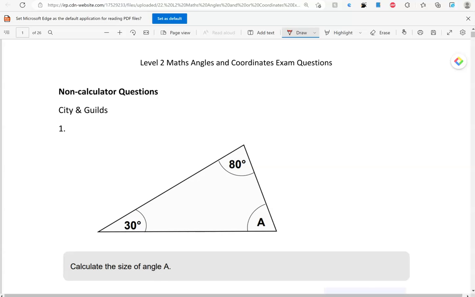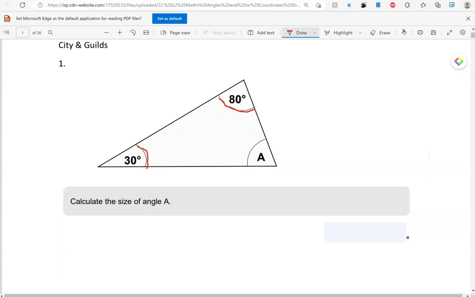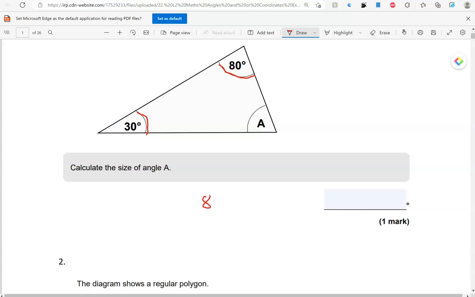Calculate the size of angle A. So angle A is in a triangle. A triangle has 3 angles as we can see, and we've got 2 of them given to us. One measures 80 degrees and the other one 30. So in total, 80 and 30 gives us 120 degrees.